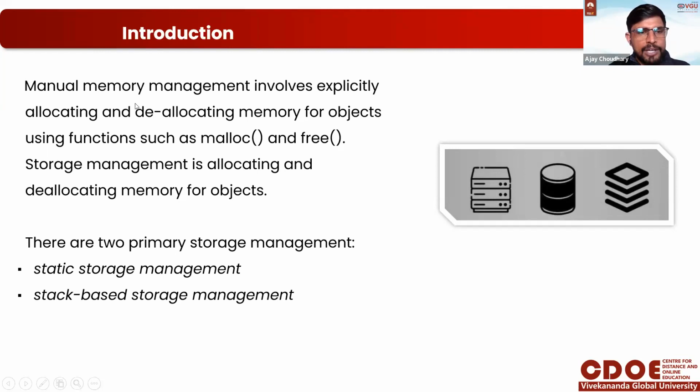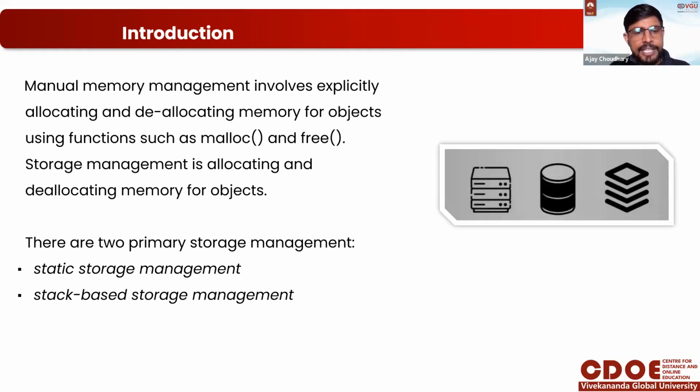In manual memory management, we explicitly decide which part of memory is taken by the objects or variables for any data types. We use some function for that. We need to allocate memory, so we require a function named malloc, M-A-L-L-O-C.